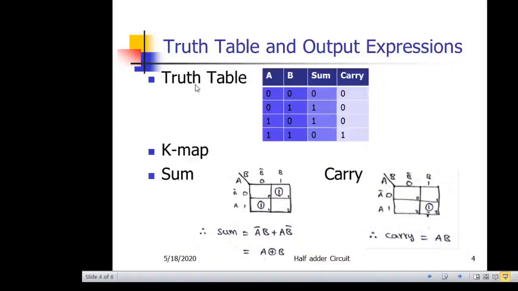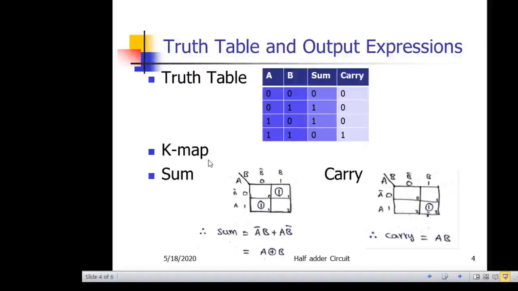In the next step, after getting the truth table for the required relationship, we need to consider a K-map for each output variable. Here we have two output variables. So for each output variable, we need to define an individual K-map. By using the K-map, we are going to find out the output expression.